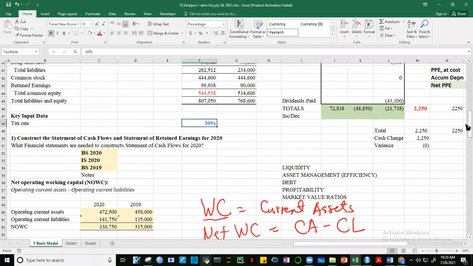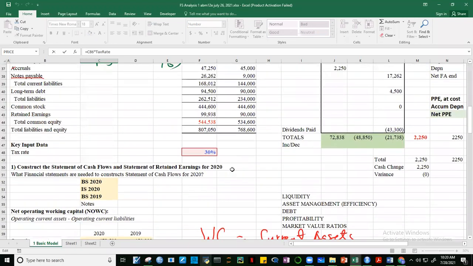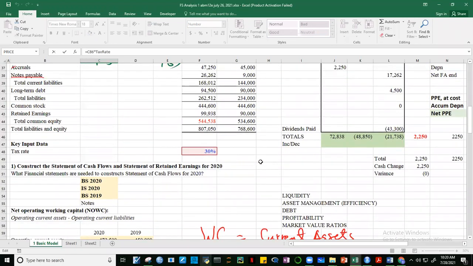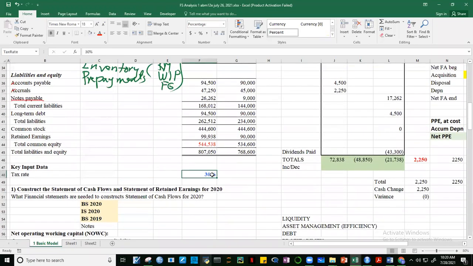Okay, if this was 30%, automatic, guys, magbabago yan. Nagbago siya kasi ito, saan yung tax natin? Ito, nakalink siya dun sa tax rate na yon. Okay, so any change here, guys, automatically your model will change.